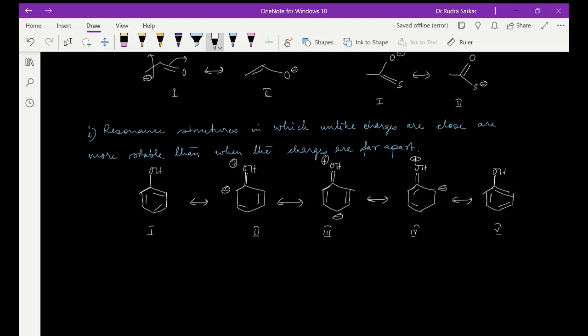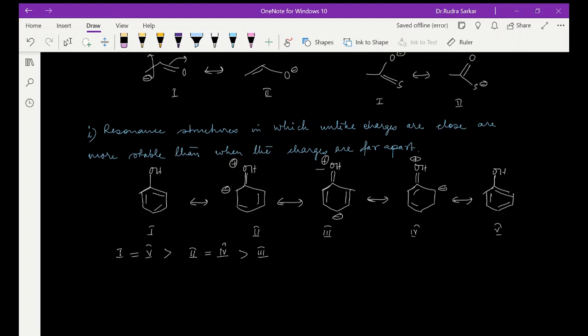We will say, obviously, as we have learned, that charged structures are less stable than the uncharged structures. So 1 and 5 are of equal energy and more stable than 2, which is equal to, sorry, 2 is equal to 4, and the least stable among these is 3, in which you can see the positive charge is lying far away from the negative charge.